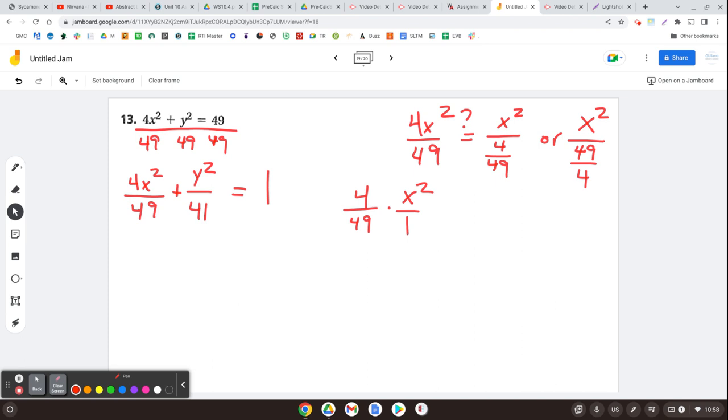Normally we say when you divide by a fraction, you multiply by the reciprocal. Well, here I'm going to go the other way. That's the same thing as x squared over 1, divided by 49 over 4. I know I'm going in a different order, but it doesn't matter because we're multiplying. Does that make sense?